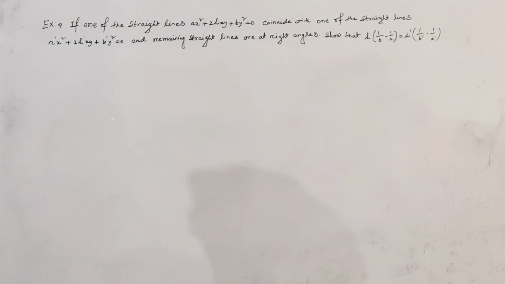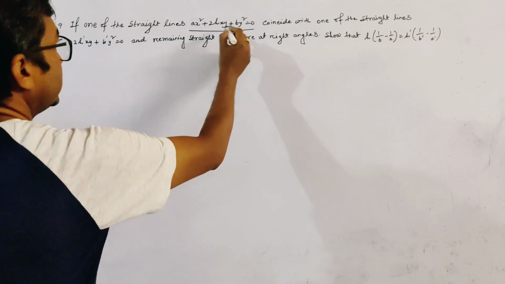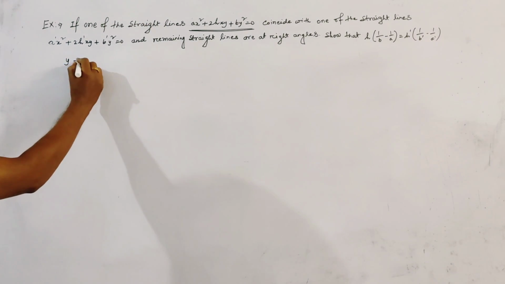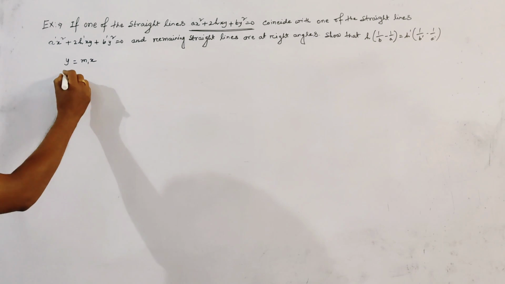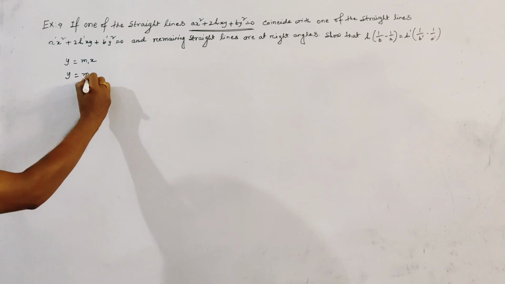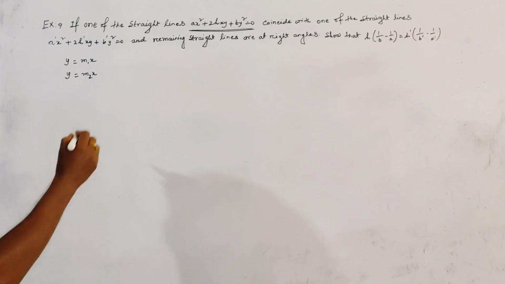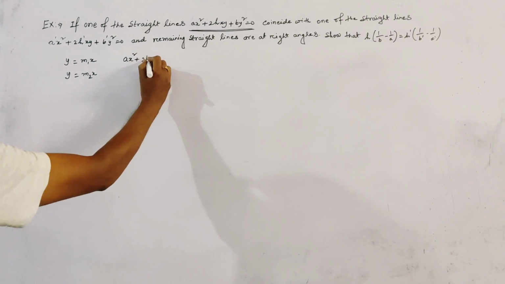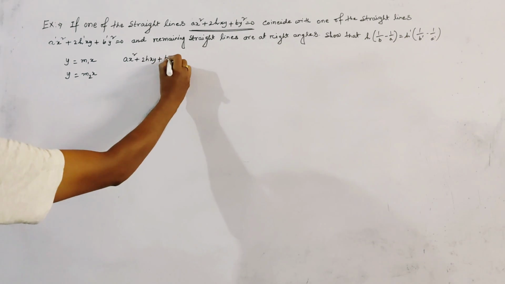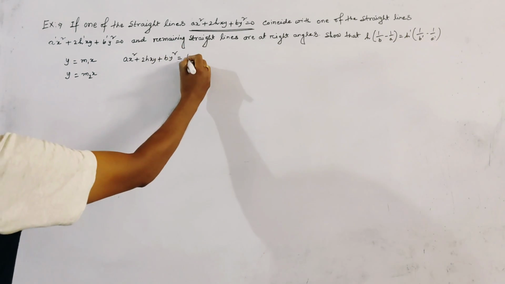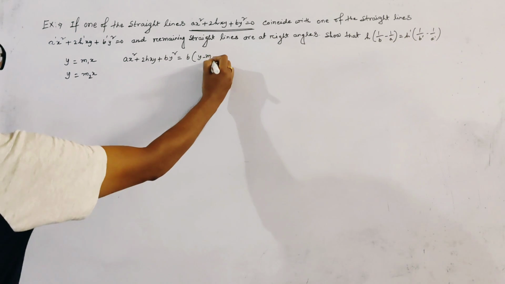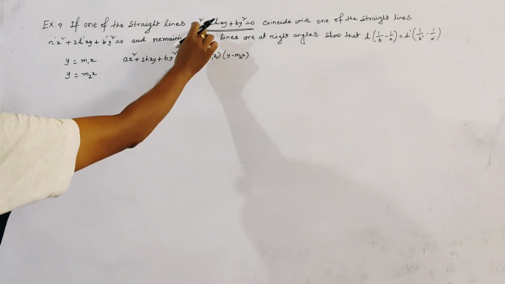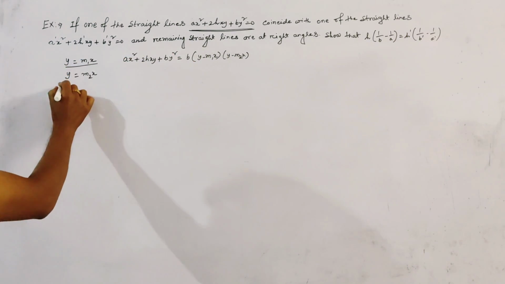Right. We first let this equation represent two straight lines, y = m1x and the second is y = m2x. Now we know that ax² + 2hxy + by² = b(y − m1x)(y − m2x), because it represents two straight lines which are this and this.